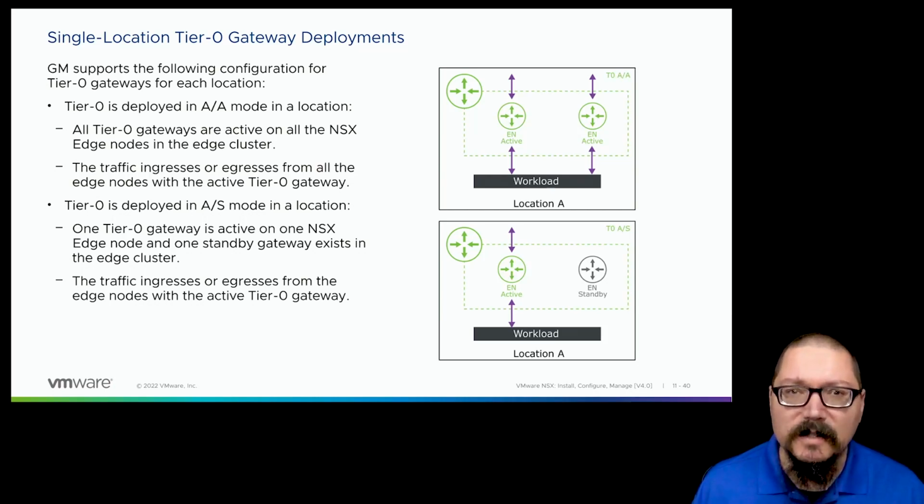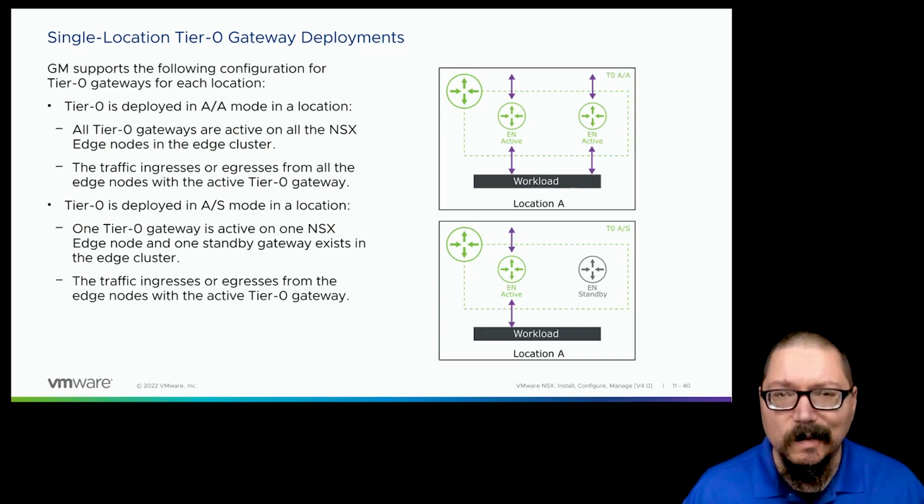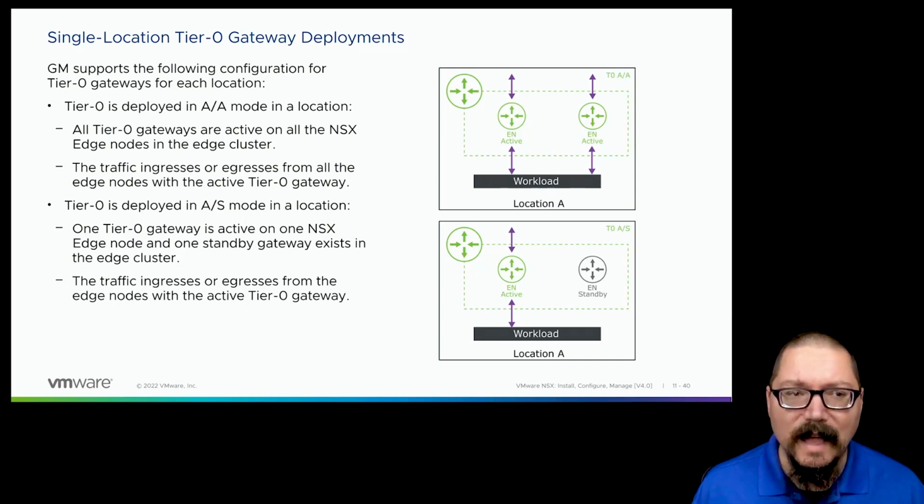But something else I like to talk about here is the fact that my HA mode is independent of span, right? The tier 0 or tier 1 gateway HA mode, the active or active standby HA mode, is going to be a thing. It's going to be something that we have to configure whether the gateway is stretched or not.